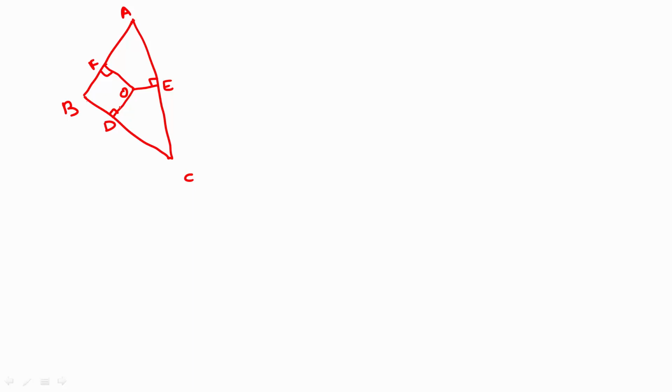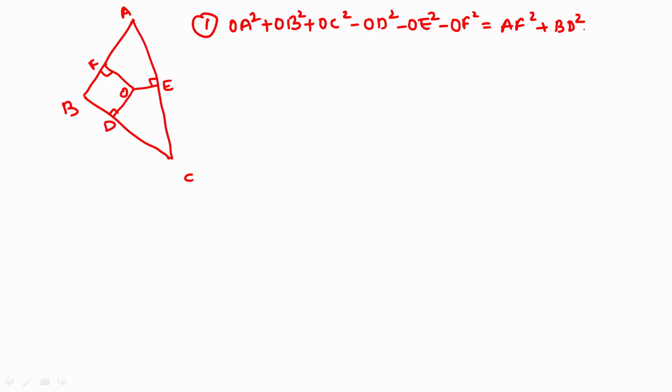In the following figure, O is a point in the interior of triangle ABC. OD is perpendicular to BC, OE is perpendicular to AC, and OF is perpendicular to AB. First, we have to prove that OA square plus OB square plus OC square minus OD square minus OE square minus OF square is equal to AF square plus BD square plus CE square.